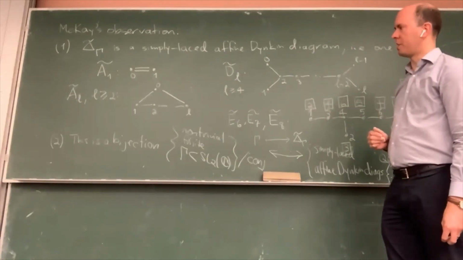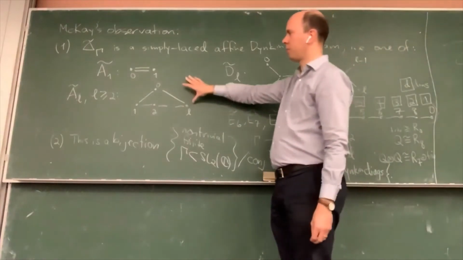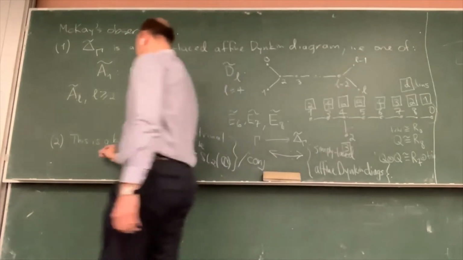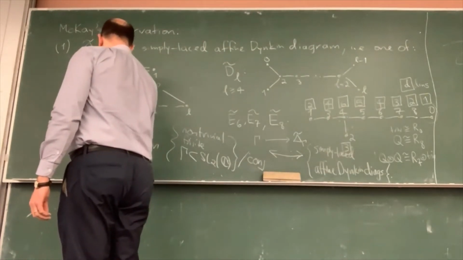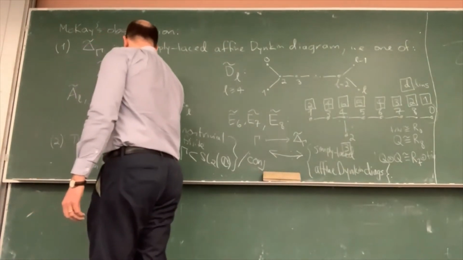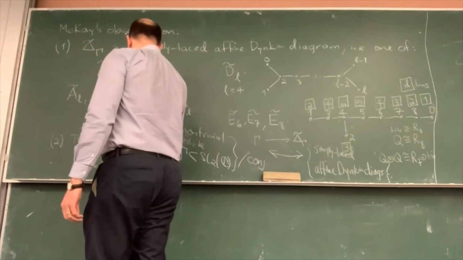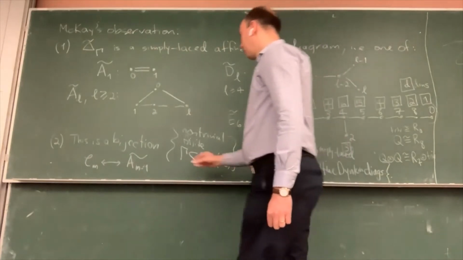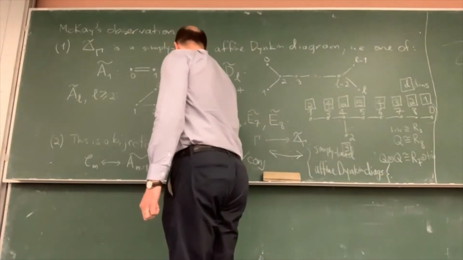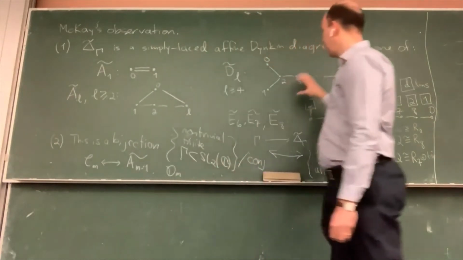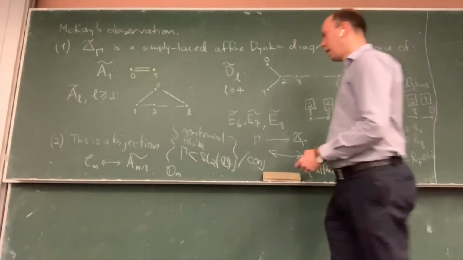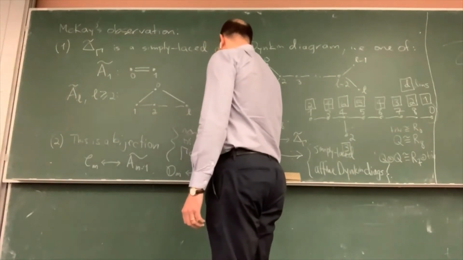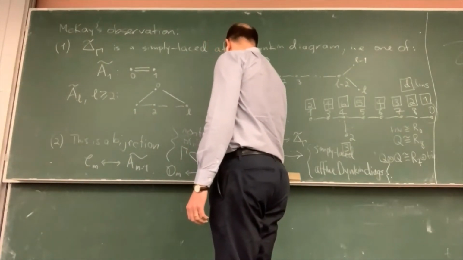So the way it matches up is that the cyclic groups correspond to the affine Dynkin diagrams of type A. So actually C_m corresponds to A_{m-1} tilde. The binary dihedral groups that I wrote before, D_m, correspond to the affine Dynkin diagrams of type D. So the binary dihedral group D_m corresponds to the affine Dynkin diagram D_{m+2} tilde.